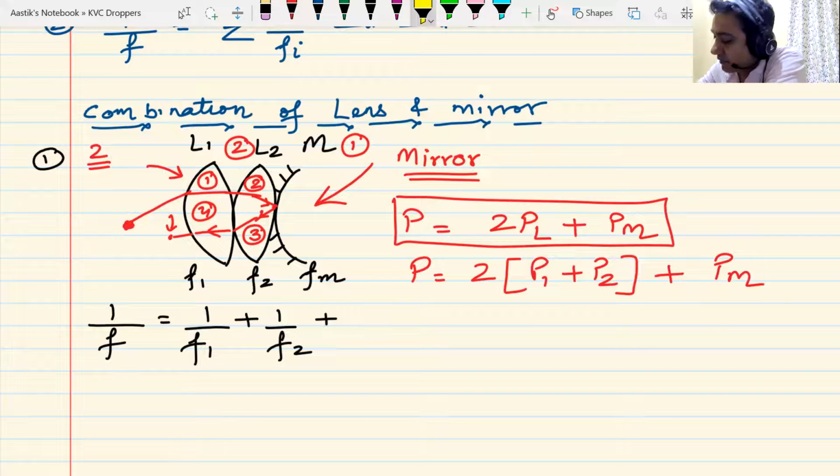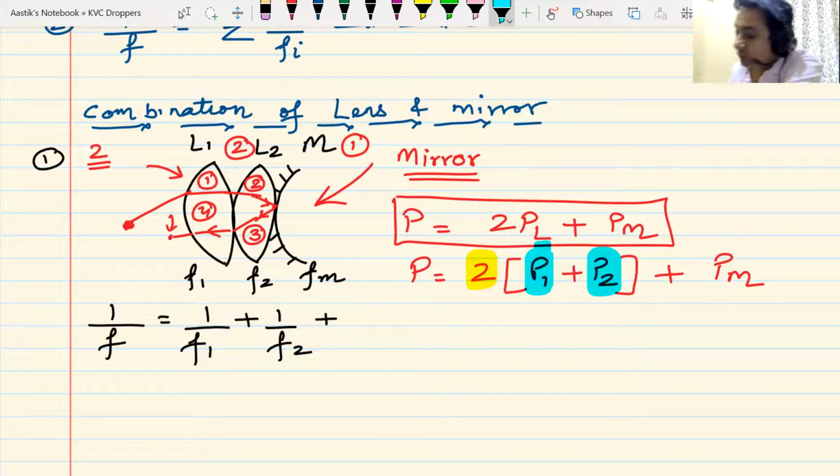Can anyone tell me why this power of the lens is multiplied by 2? Two lenses. Why is the power of both the lenses multiplied by 2? Power is P1 and P2.